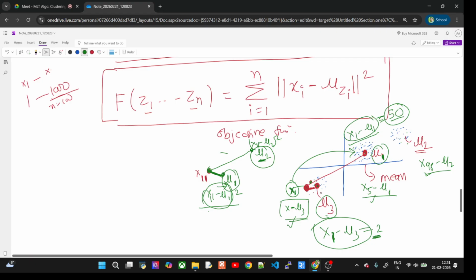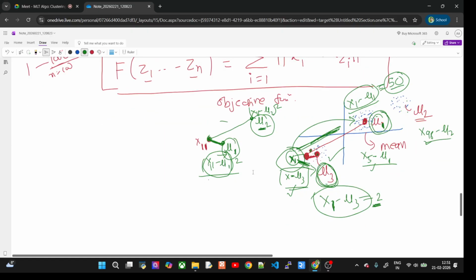That's why x1 will always be with mu3 in this example. It won't jump to mu1. It will say, no, I don't want to go to mu1 because this distance is less than that distance, so I am happy with mu3.